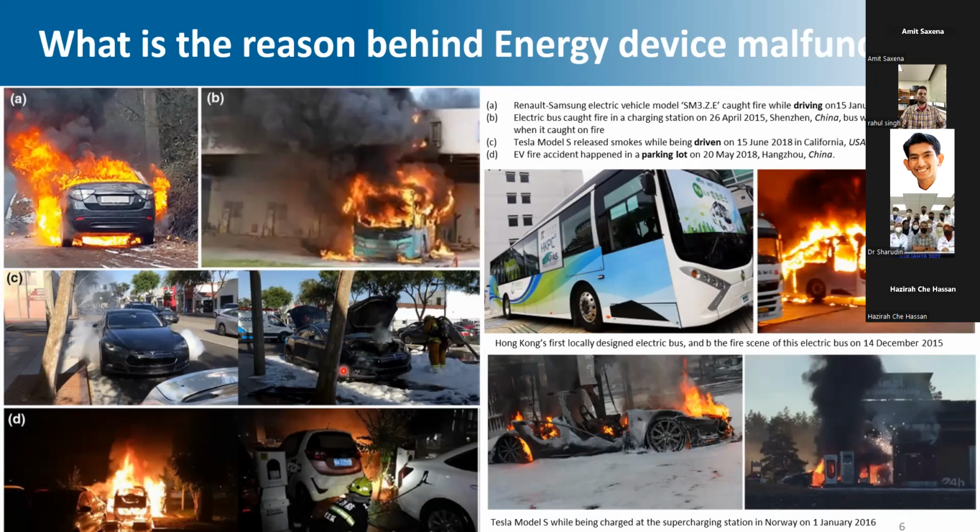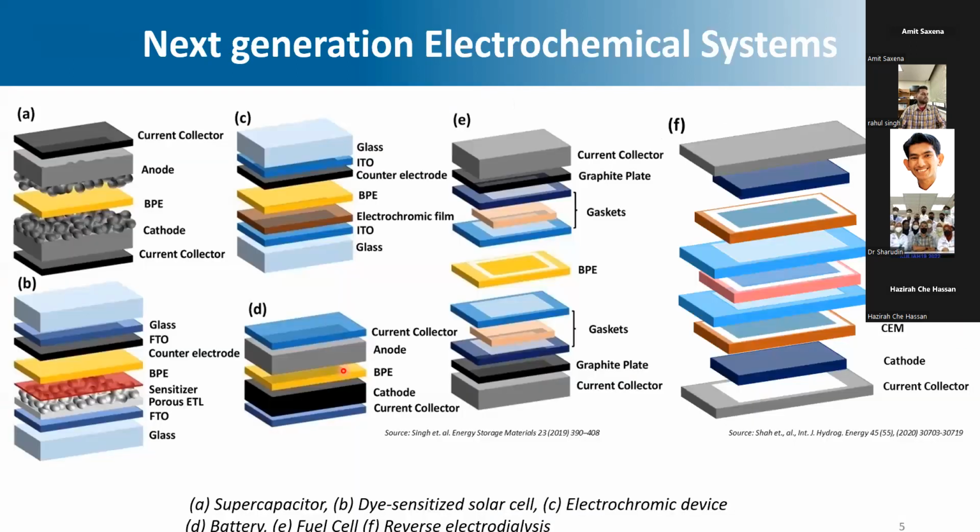First, we need to understand what is causing this problem: electrolytes and electrodes. Here my specialization is electrolytes, so I will be talking more about that. As I mentioned earlier, shorting of these two electrodes, cathode and anode, is a major problem.